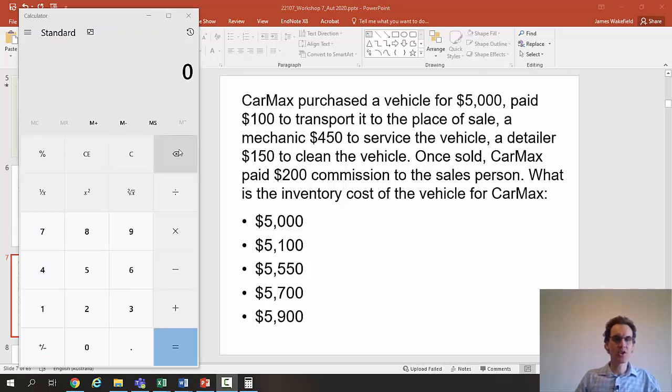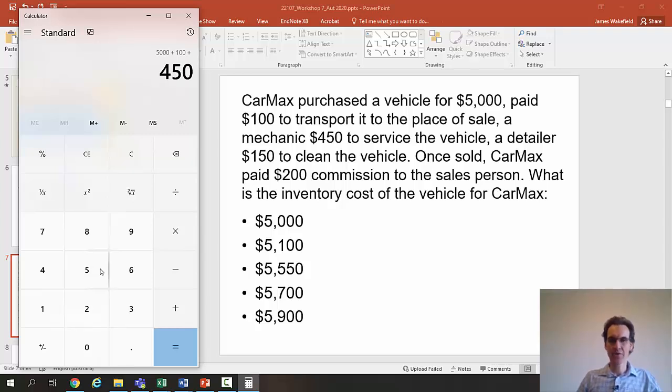So let's start with the cost of the vehicle. The vehicle costs $5,000 to purchase. They pay $100 to ship the vehicle to the place of sale, so we add that to the inventory cost. They paid a mechanic $450 to service the vehicle, which is related to bringing the vehicle to a condition ready for sale.